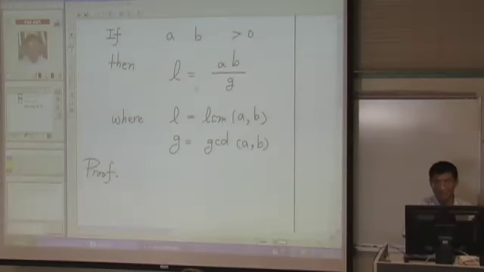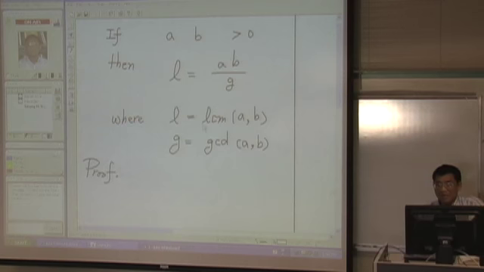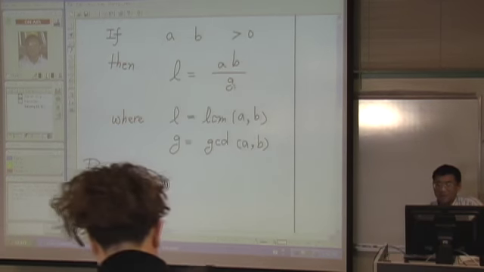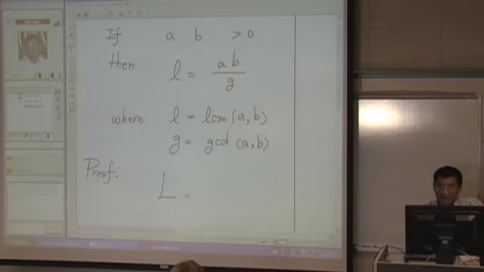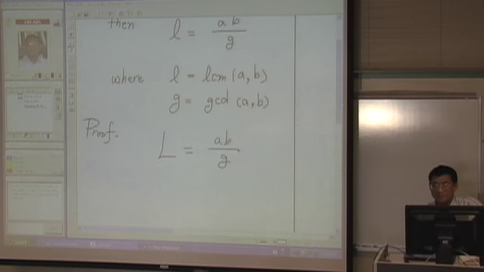Situation is this. Assume that we have two positive numbers, A and B, and that we have both the least common multiple L and the greatest common divisor G. Then L is nothing but AB divided by G. Last time I showed that the uppercase L defined by this thing is a common multiple, right?